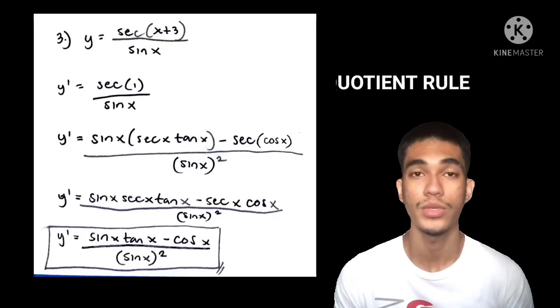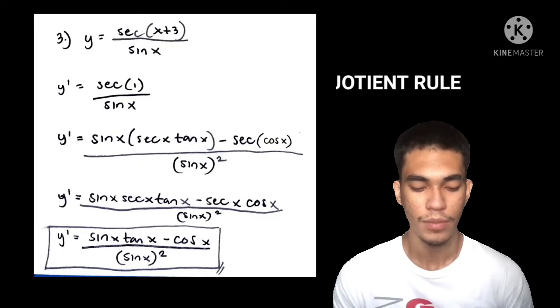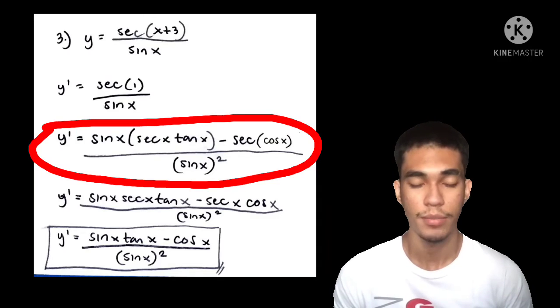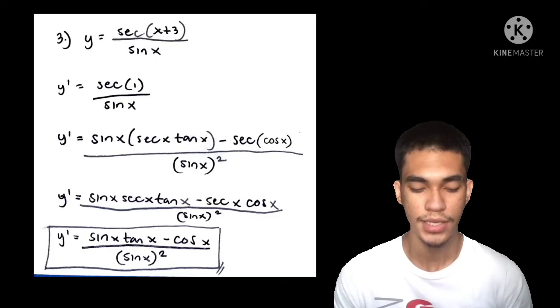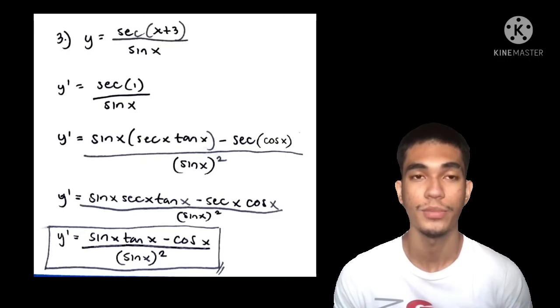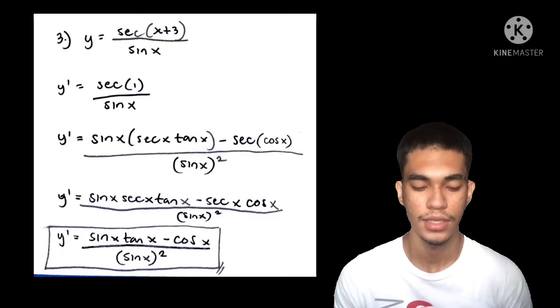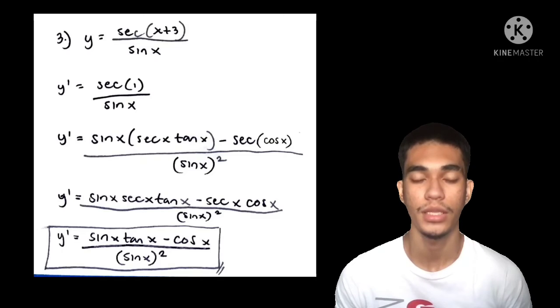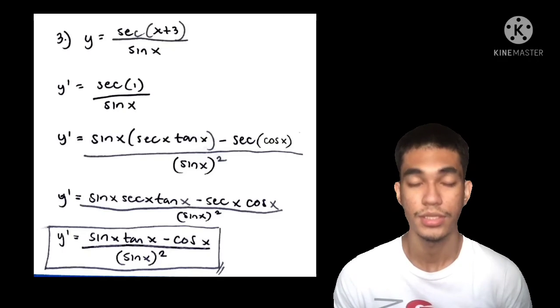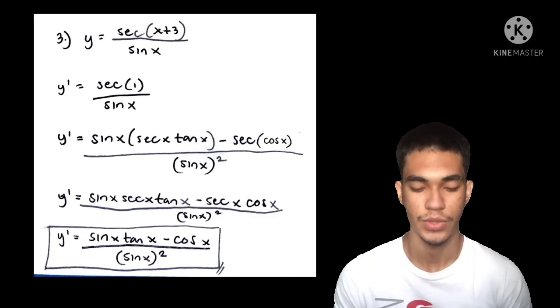Then we will use the quotient rule, which is y prime is equal to, copy the denominator, sine x times the derivative of the numerator, which is secant x tangent x, minus the numerator, which is secant, multiplied by the derivative of our denominator, which is cosine x, all over sine x squared.